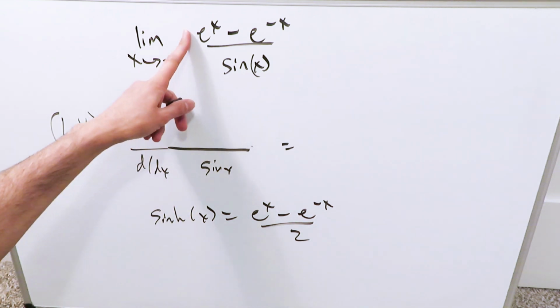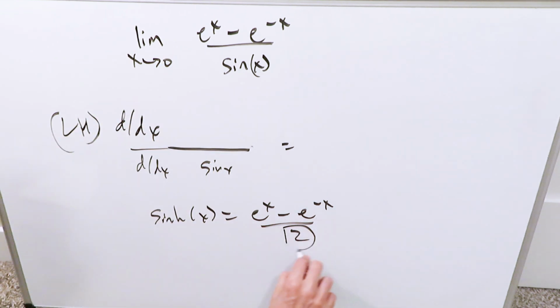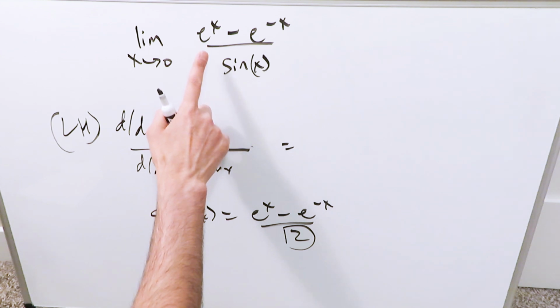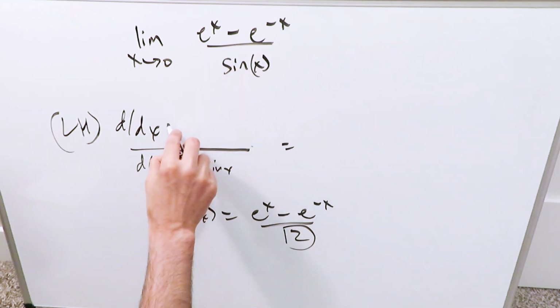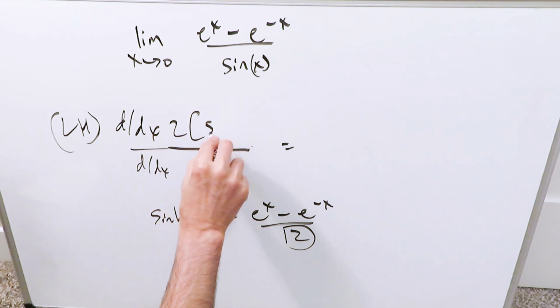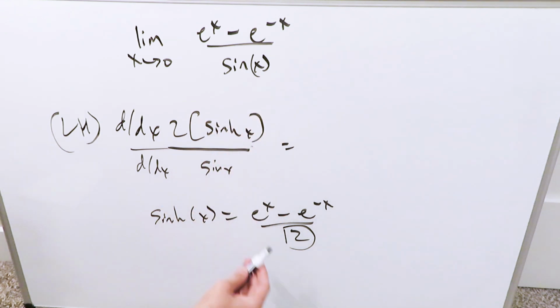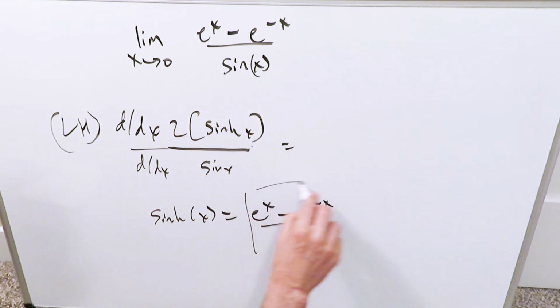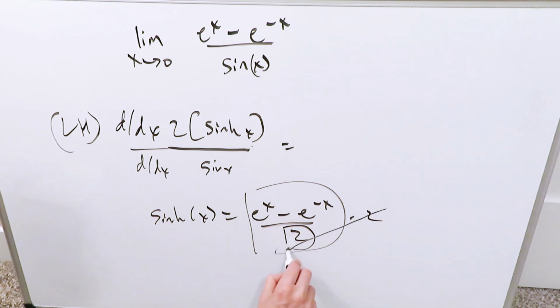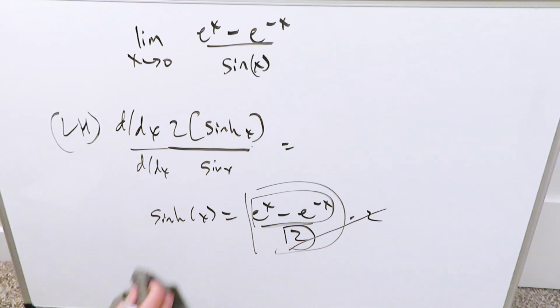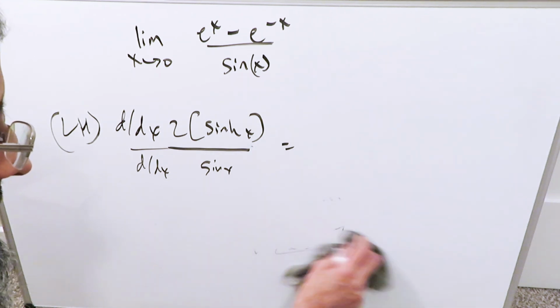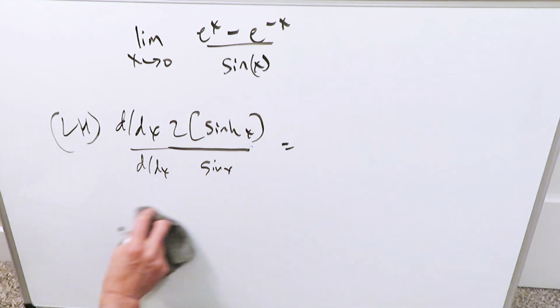What I have looks like that, but without the division by 2. If I put a 2 before the hyperbolic sine function, it would be equivalent, because if I take this and multiply by 2, these cancel out and I am left with the numerator expression, which is exactly what you see.